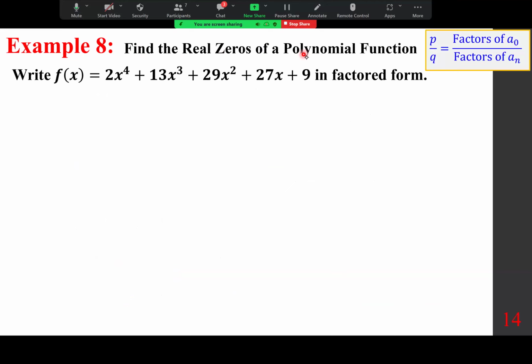Find the real zeros of a polynomial function and write this in factored form. Let's try this concept. The degree is 4. We have at most 4 real zeros. So according to this, we have factors of a sub 0, 9, over factors of a sub n, 2.